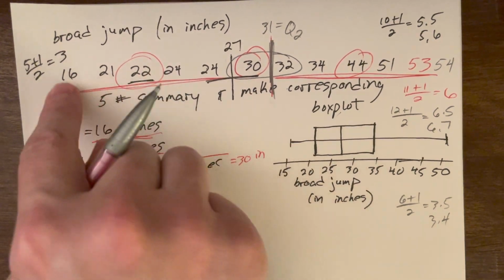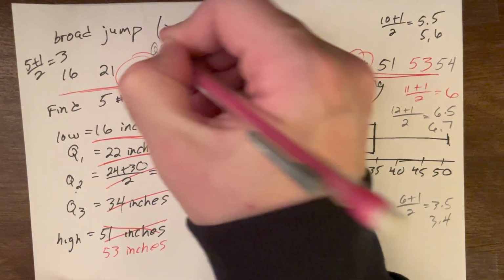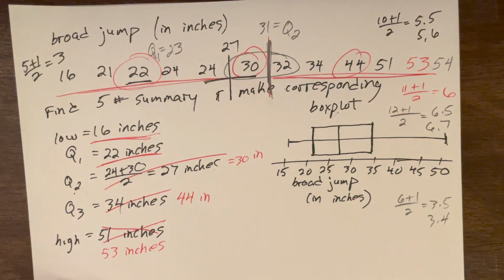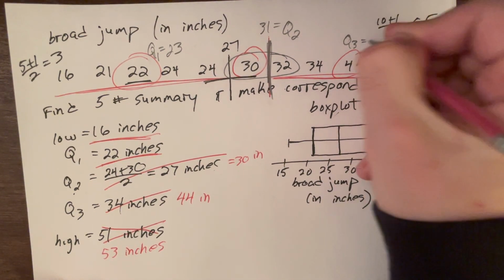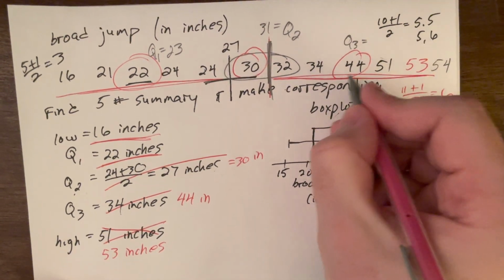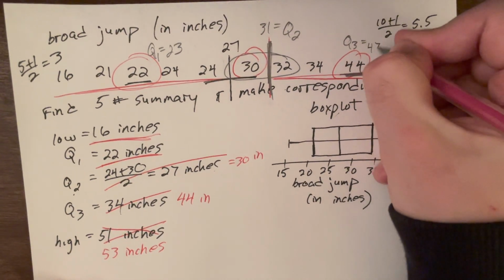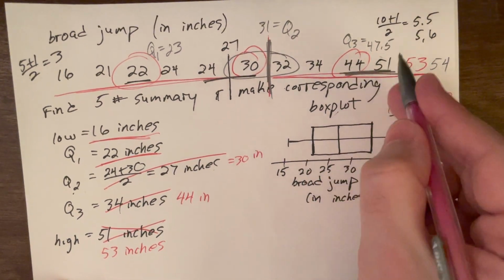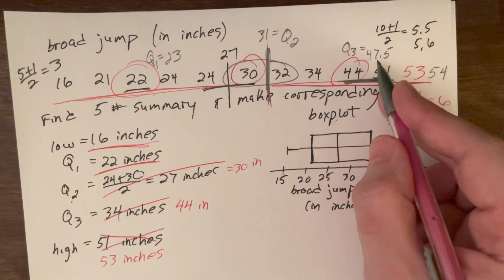So now 1, 2, 3, and 4, we'd get the first quartile would be the average of those two, which would be 23. And then 1, 2, 3, and 4. The third quartile would be the average of these two. What was that, 6, 7? So we'd have 47.5. We'd average those two together, 44 plus 51 divided by 2, and get 47.5.